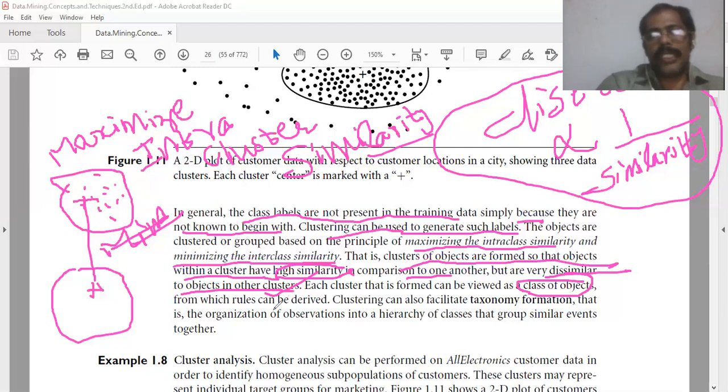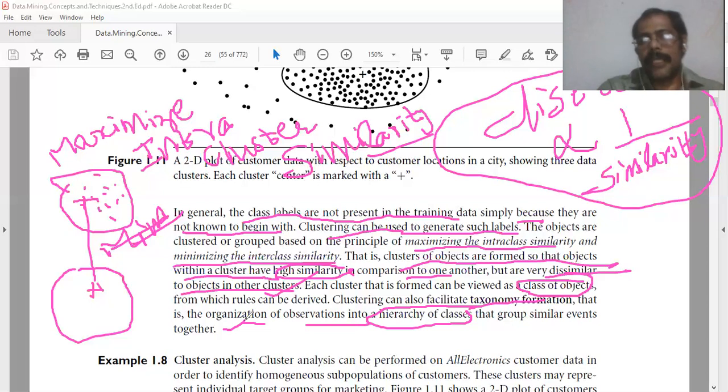One more point about clustering is that it facilitates taxonomy formation. The taxonomy formation organizes the observations into a hierarchy of classes that group similar events together. The taxonomy formation represents the objects in a hierarchy of classes.